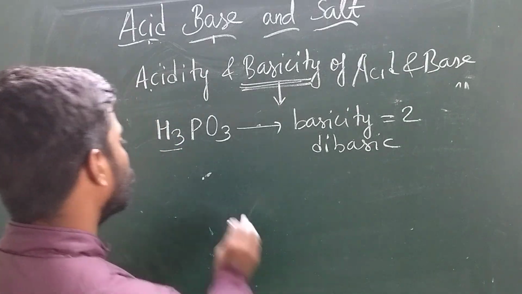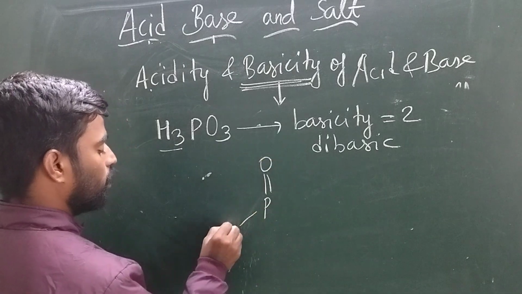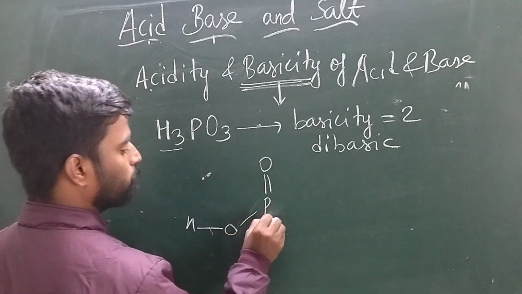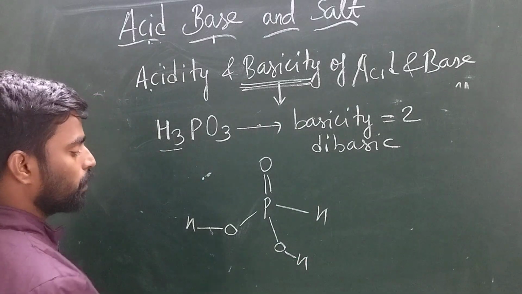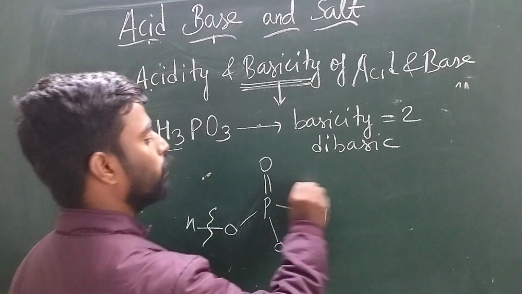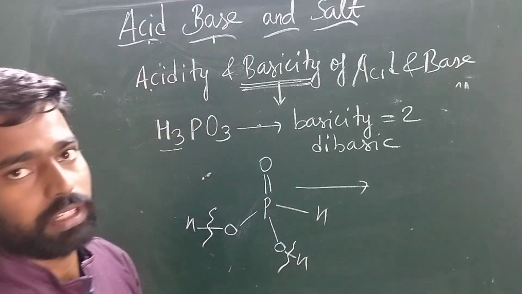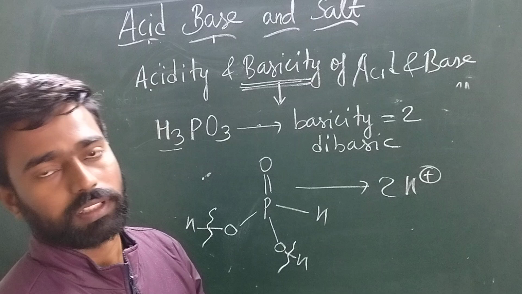So why is it dibasic? Let's see the structure of that. There are only 2 OH bonds, so it will give 2 hydrogen ions, 2 H plus ions. So it is dibasic.